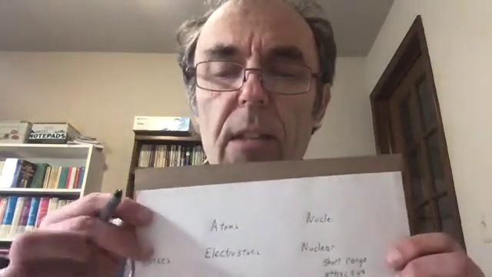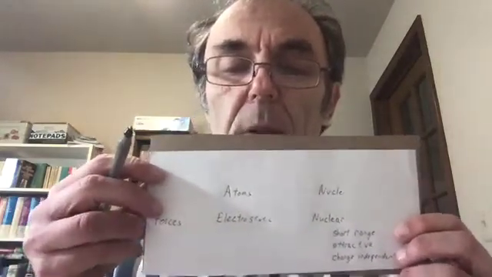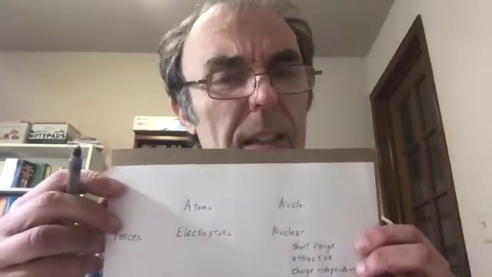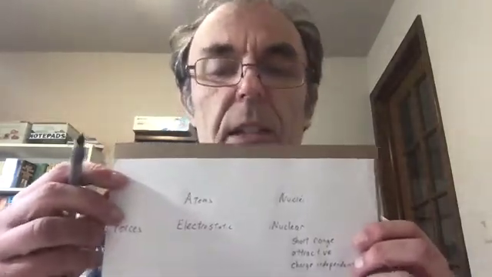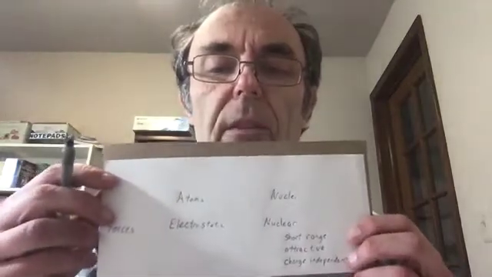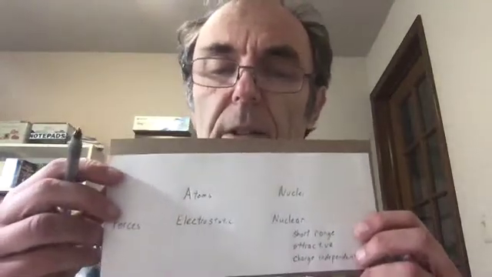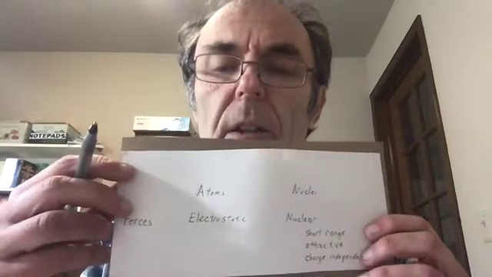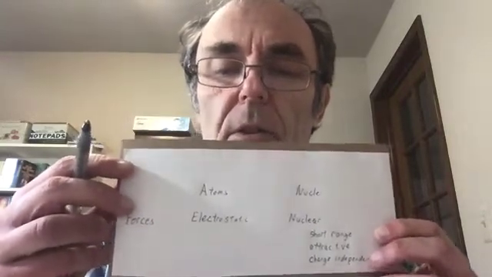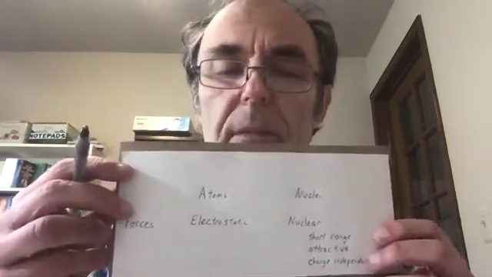Because nuclei contain a bunch of protons, and those protons would be repelling each other. So what holds the nucleus together? Something has to, and it's the nuclear force. There's yet a different kind of force in addition to the electrostatic force. This nuclear force actually has 2 versions, strong and weak, but we're not going to worry about that for this class.